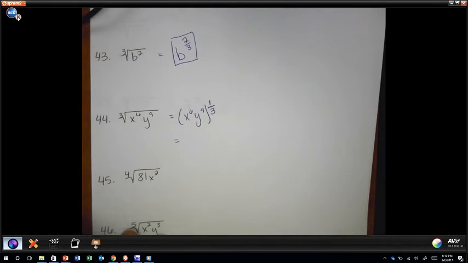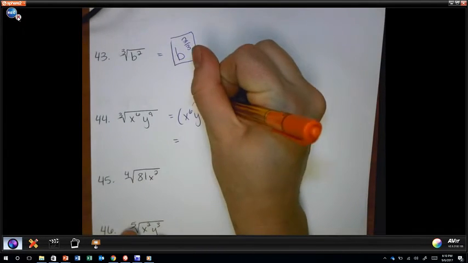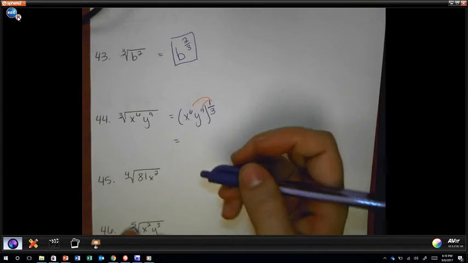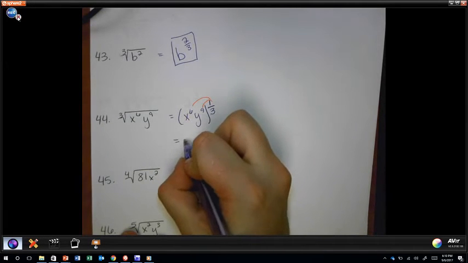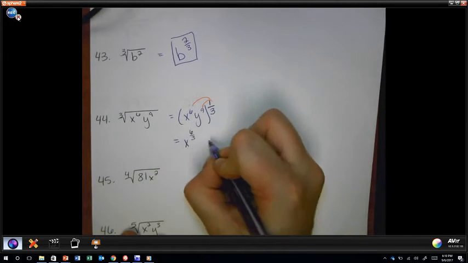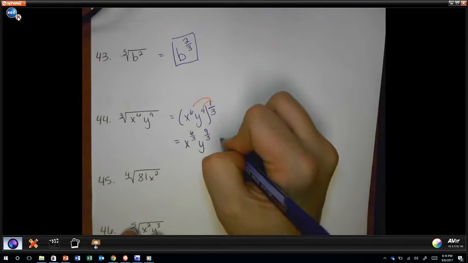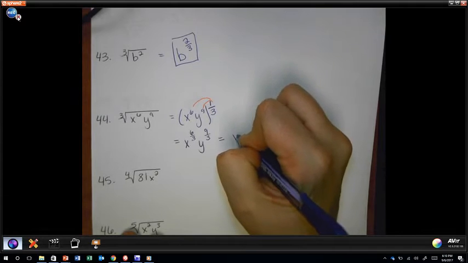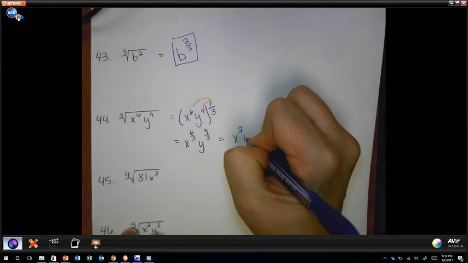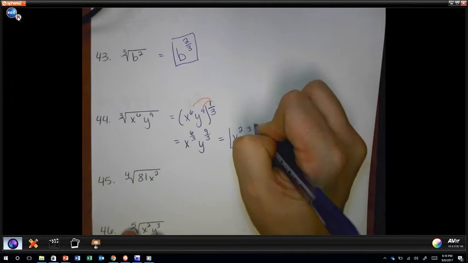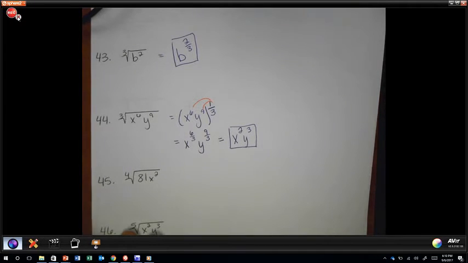In order to simplify, we distribute our exponent. I get x to the 6/3, y to the 9/3, because I multiplied. That reduces to x squared y to the 3rd. That is simplified.